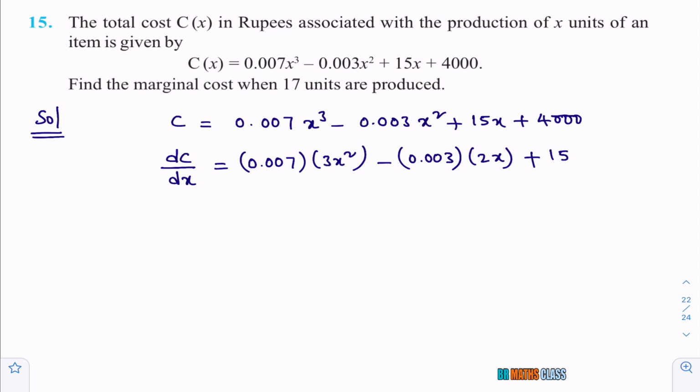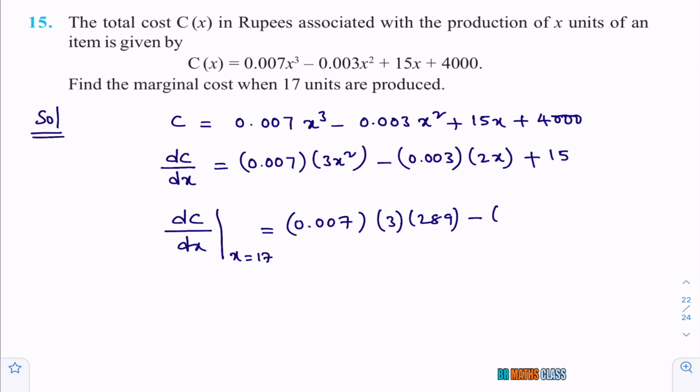So dc by dx when x equal to 17 is 0.007 into 3 into x square, that is 17 square, 17 square is 289, minus 0.003 into 2 into x, x is 17, plus 15.